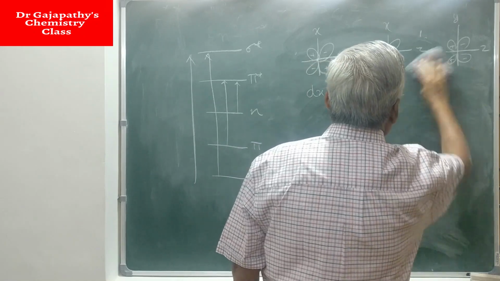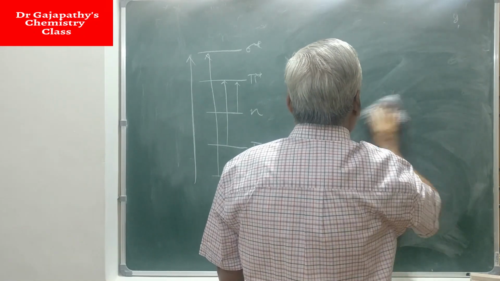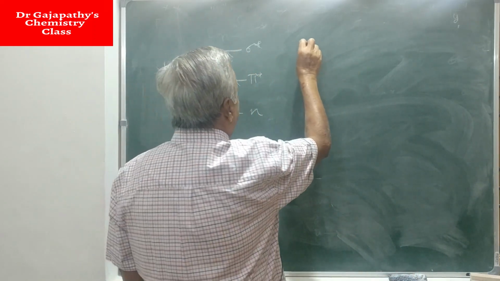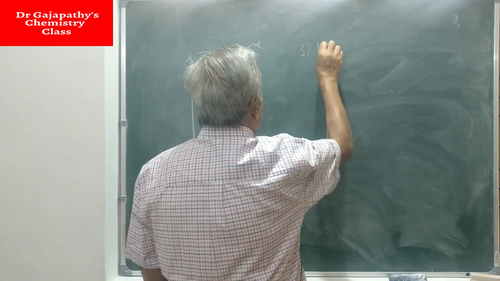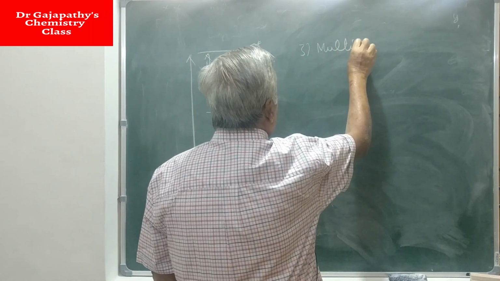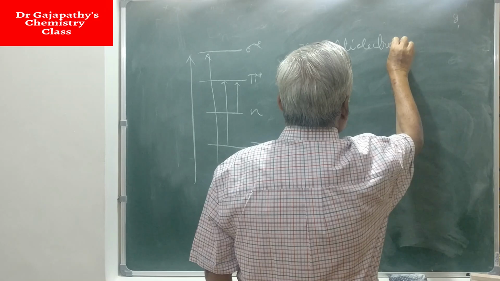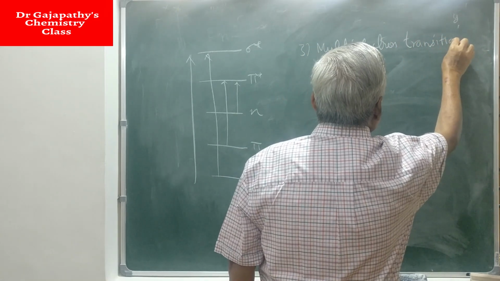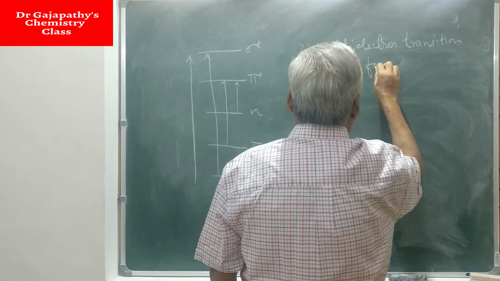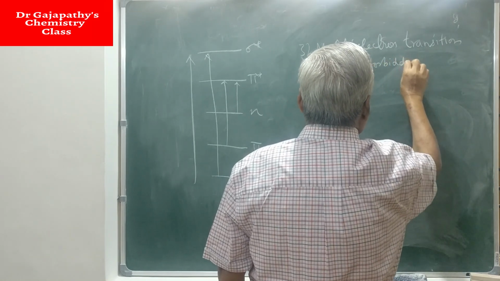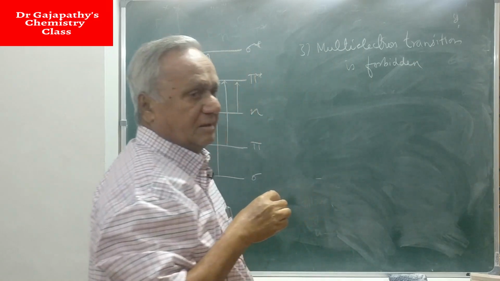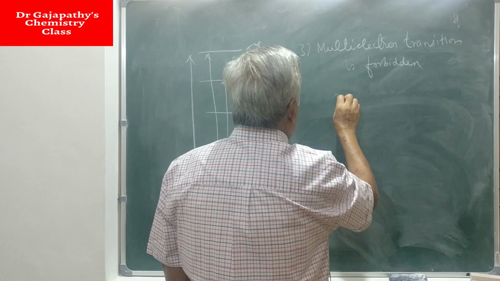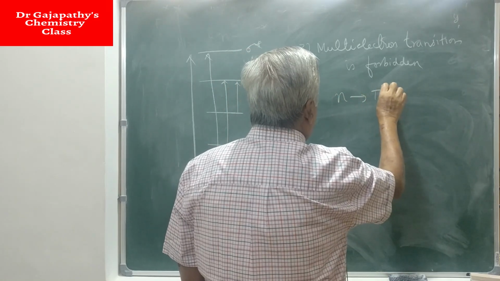The third selection rule is multi-electron transition is forbidden. This cannot take place. What I mean to say is, let us say I am talking about an n to pi star transition.